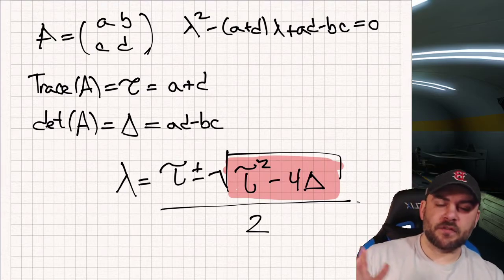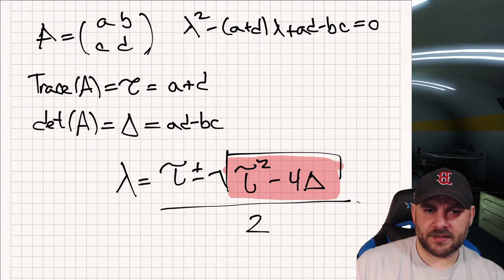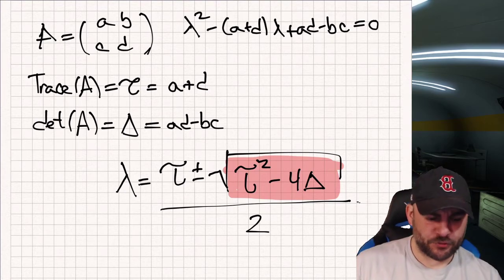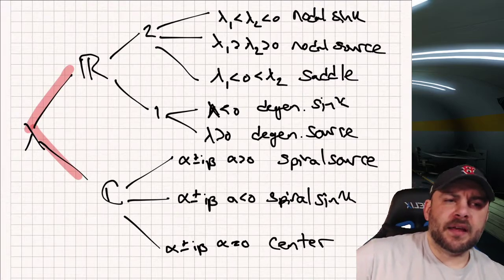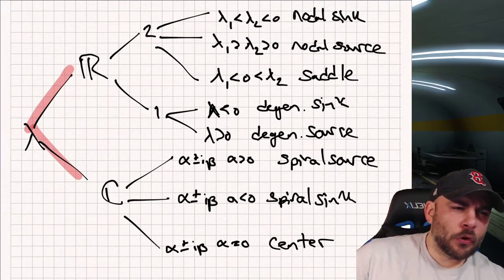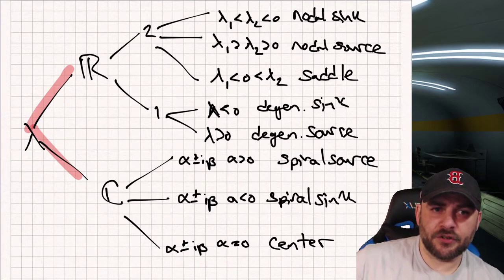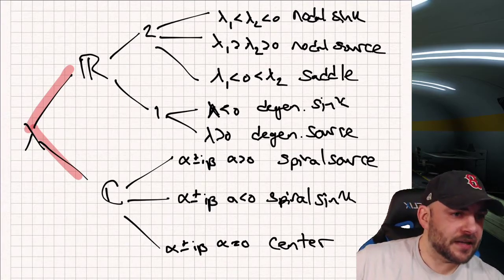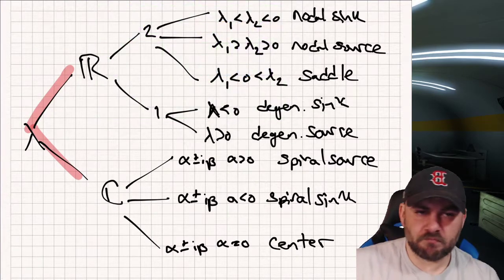If it is positive or it is negative, that's how we get the real or the complex. Okay? Interesting. Let's come back up here. Now, whether we're real or we're complex, we have sources or sinks, and they have to do with positivity or negativity. Okay? So let's look at sinks first.